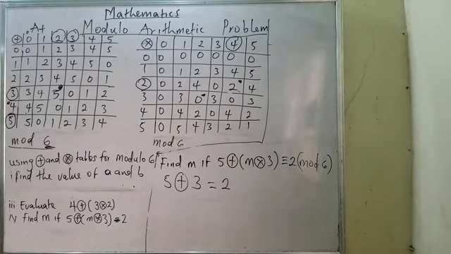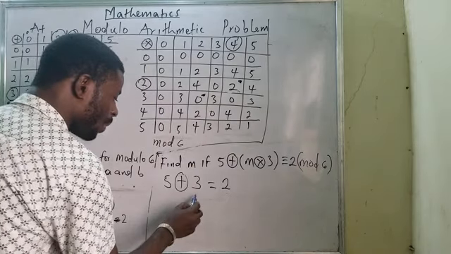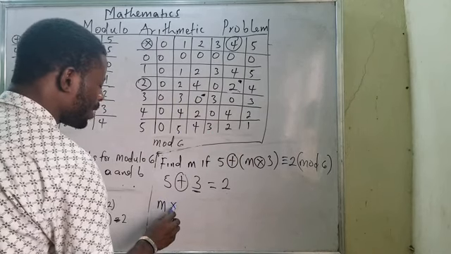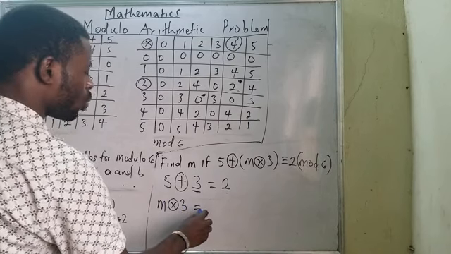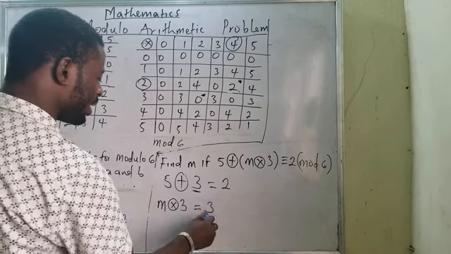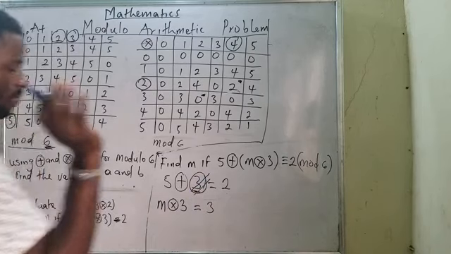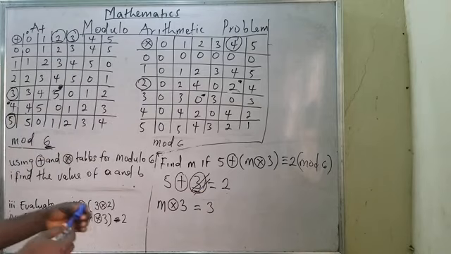Now, since I know that, I will continue. Okay, if that is the case, it means m operated in terms of multiplication with 3 will be equal to 3, which is the 3 I'm talking about here. This 3. Now, since I have that, I will come to the multiplication table.